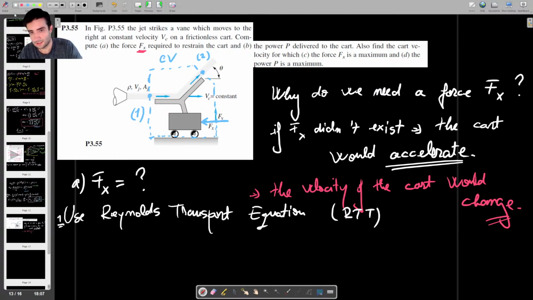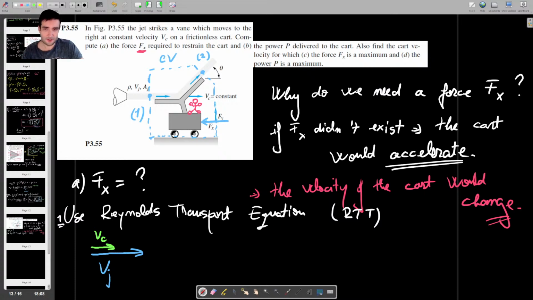So what I'll do is I'm going to imagine that I'm an observer sitting on the cart. So I'm going to say that I'm here, and I'm moving with the cart, and then I'm looking at what happens relative to the cart that's moving with that constant velocity. Okay? So if you think about it, you've got the velocity of the jet going in, but I'm also moving with the velocity Vc, like this.